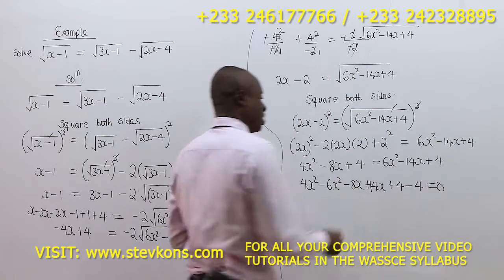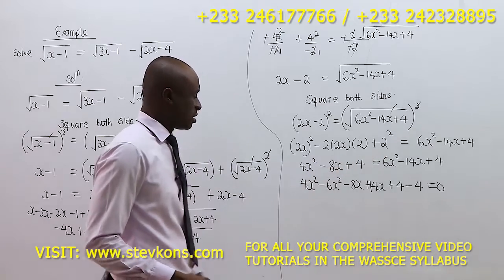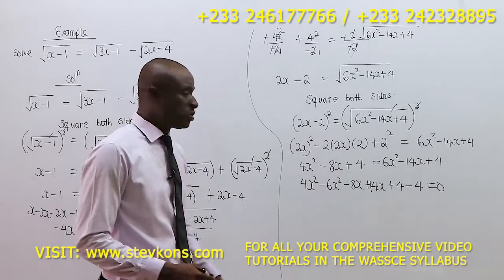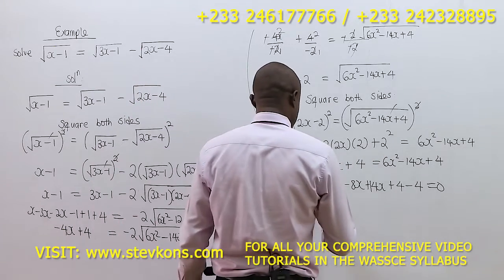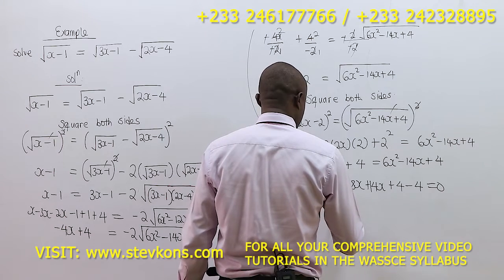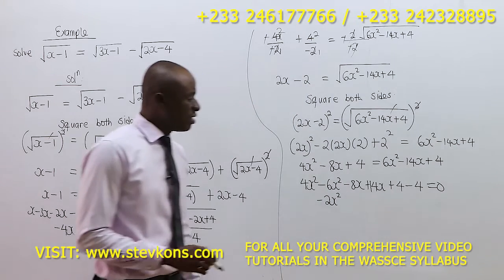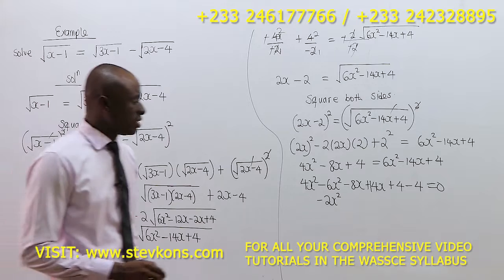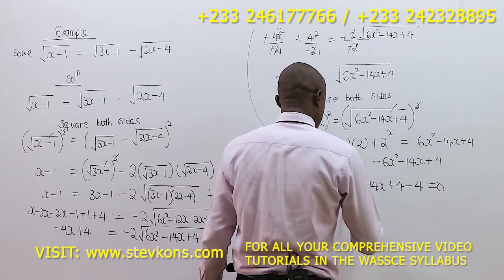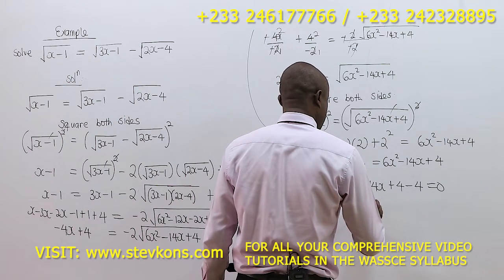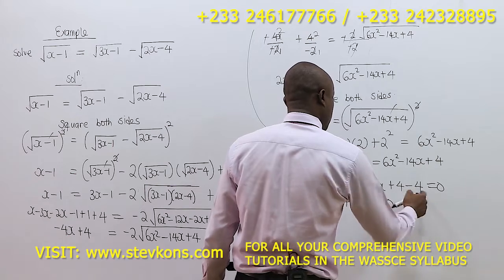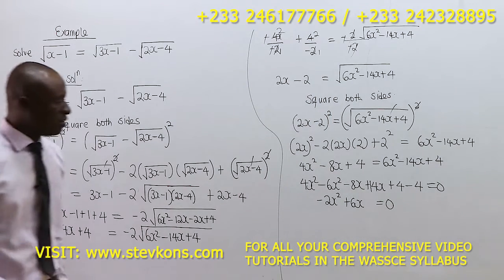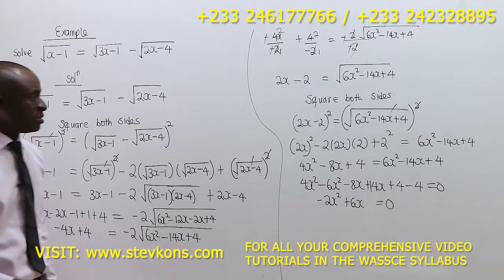Now 4x squared minus 6x squared is negative 2x squared, and negative 8x plus 14x is plus 6x, and this equals 0. 4 minus 4 is giving us 0.